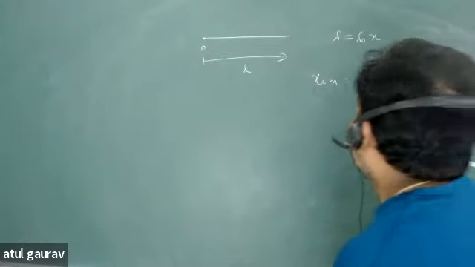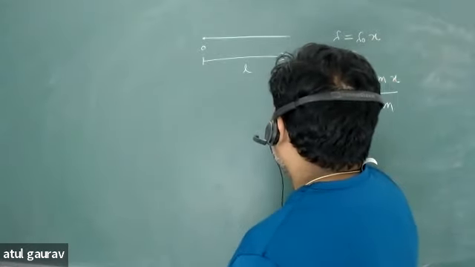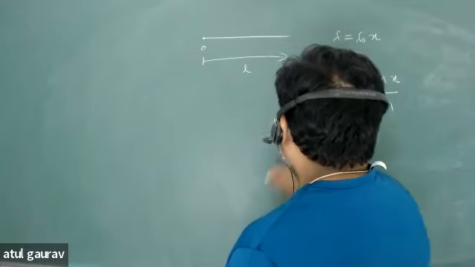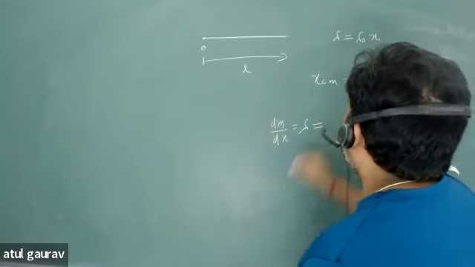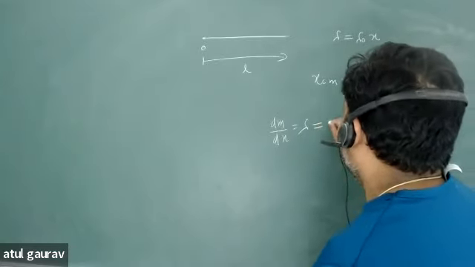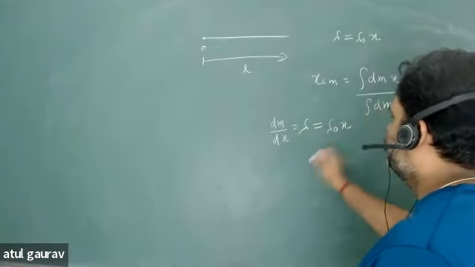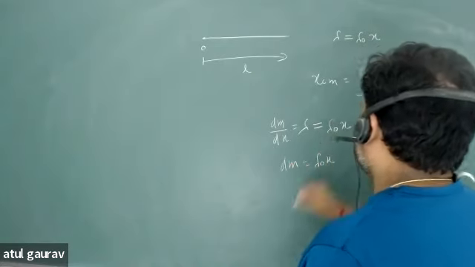Yes. And what will you do? You will just write DM upon dx, this is linear density, is equal to lambda. And now you can see this lambda is not constant, rather it is variable, isn't it? Now, what is your dm? Lambda naught x.